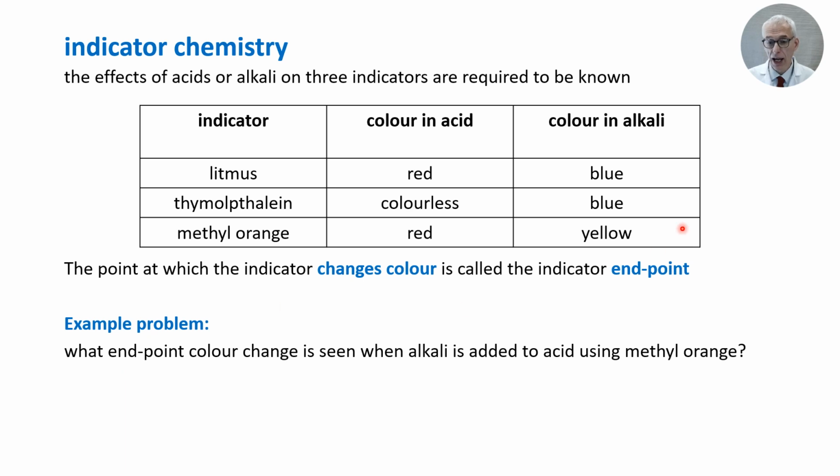Pause, analyze this table and come up with the correct color change. Okay, so in alkali, methyl orange is yellow, so as you add acid to the indicator endpoint, you will then achieve a red color.